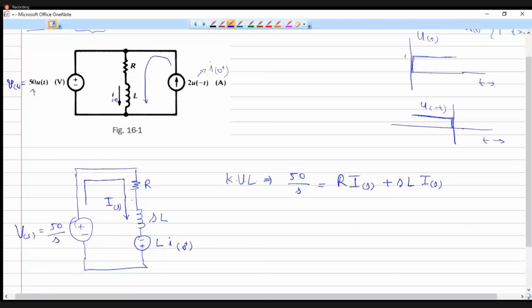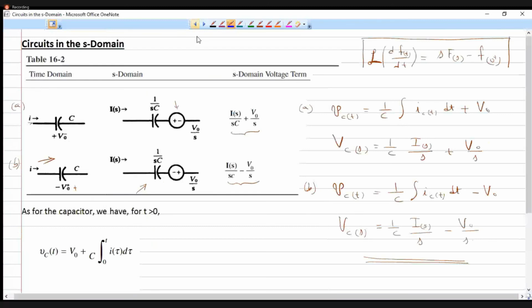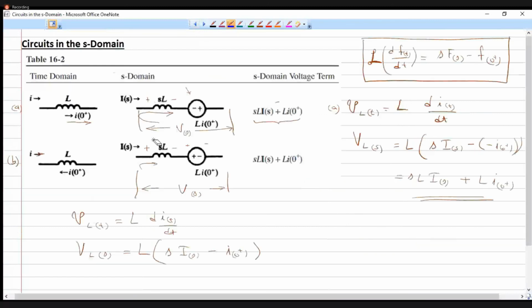Now I am traversing the loop. When I of S is flowing, there is a voltage drop here and one voltage drop here, so I got all these plus. And here I can see that a voltage rise is happening, so this should be replaced with minus L into I of 0 plus. There is a mistake here, so correct the inductor value.